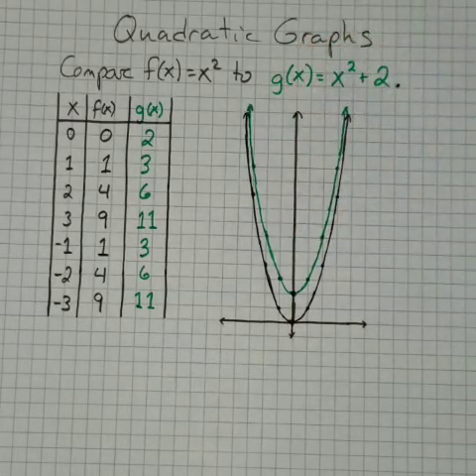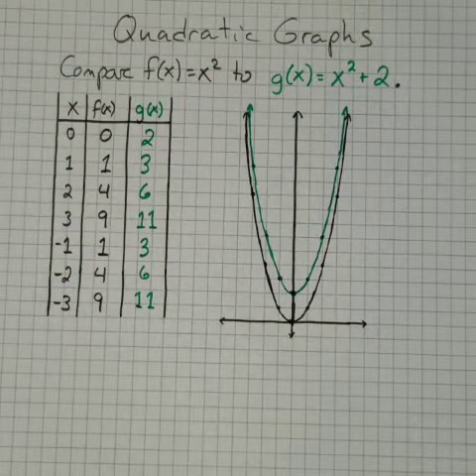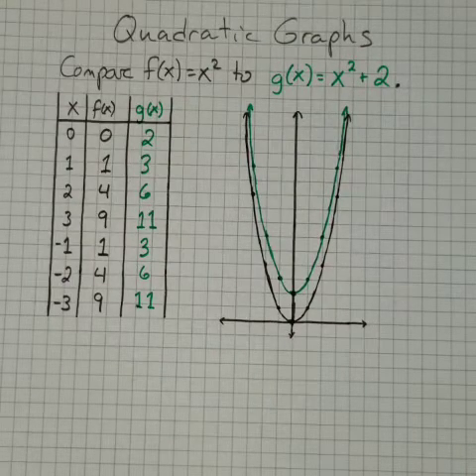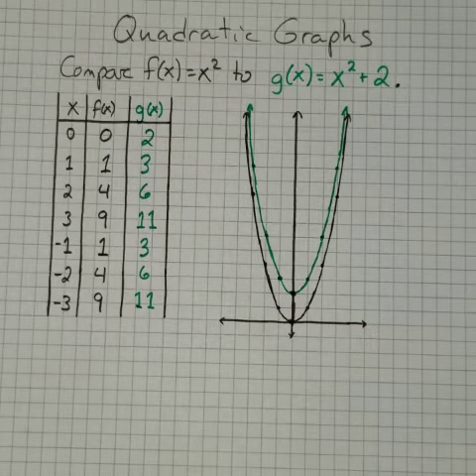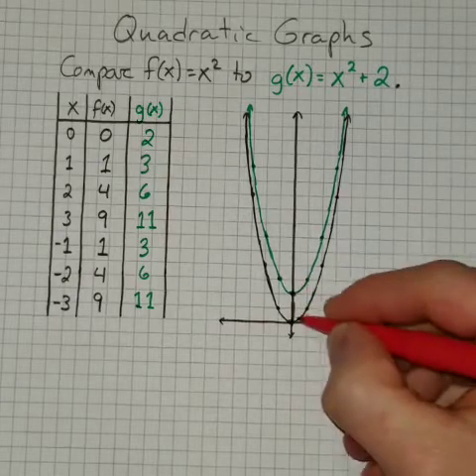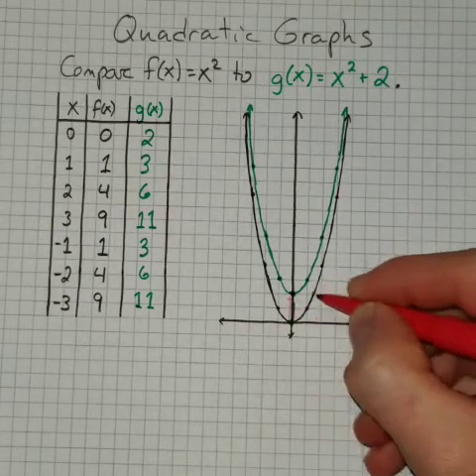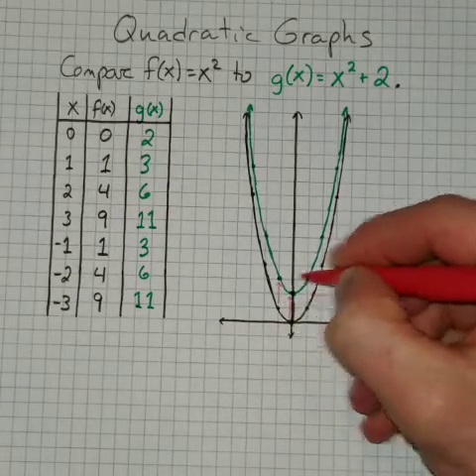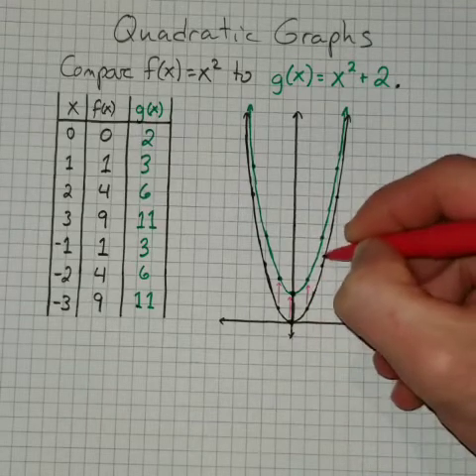Okay, and so what I want you to see by doing this exercise is that each of the points from the original equation get shifted up 2 units. Okay, so there's a shift up of 2, a shift up of 2, a shift up of 2, and so forth.